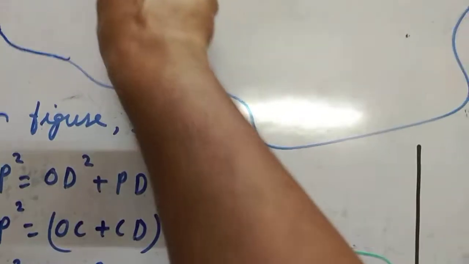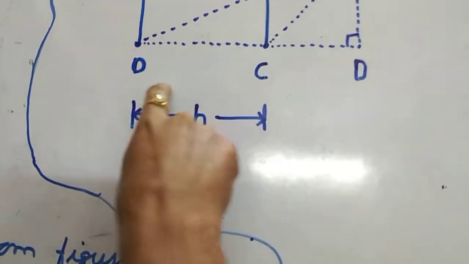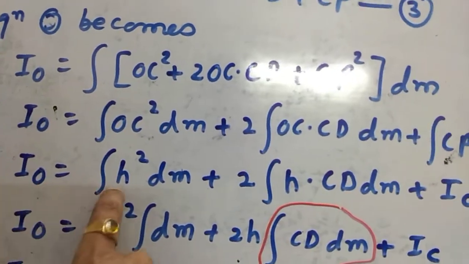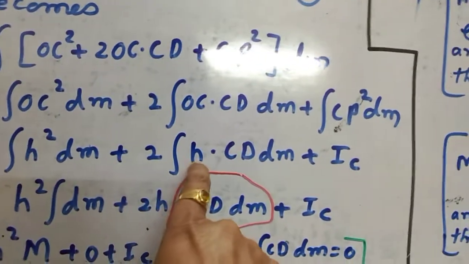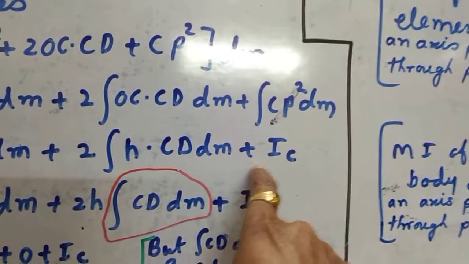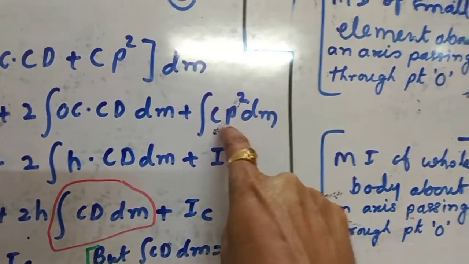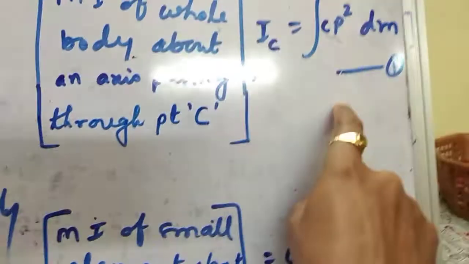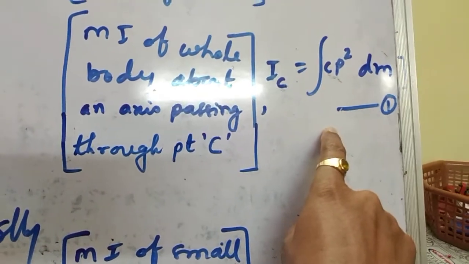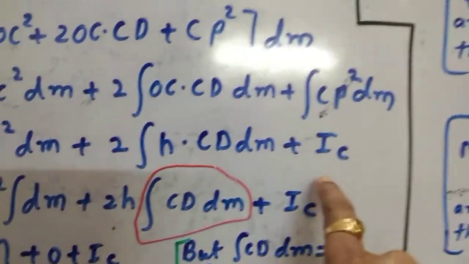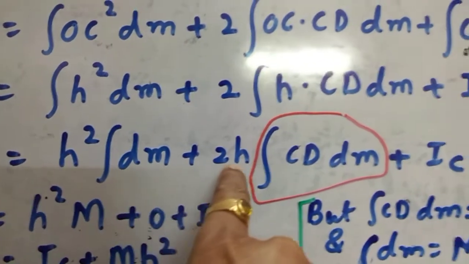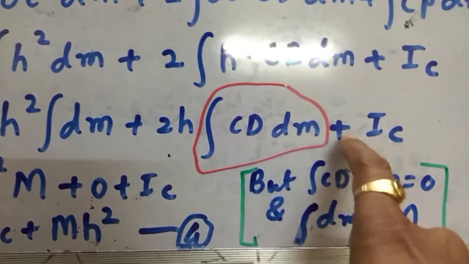But from figure OC is equal to H. So substitute the value of OC is equal to H. Therefore this equation becomes IO is equal to integration of H square dm plus 2 times integration of H CD dm plus IC. Here from equation number 1, integration of CP square dm is equal to IC. So this equation becomes IO is equal to integration of H square dm plus 2 times H integration of CD dm plus IC.